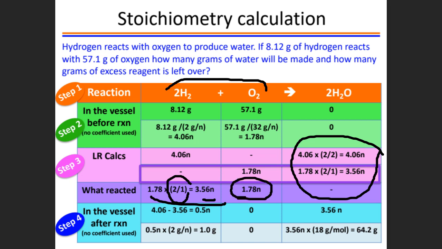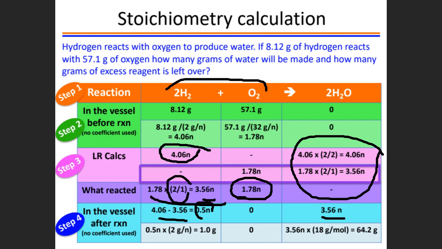In the vessel, after the reaction, what do we have? After the reaction, we have 4.06 minus 3.56. So this amount is hydrogen. Okay, so this amount will be left over. As I said, this will be the excess and oxygen will be the limiting reagent in that case.